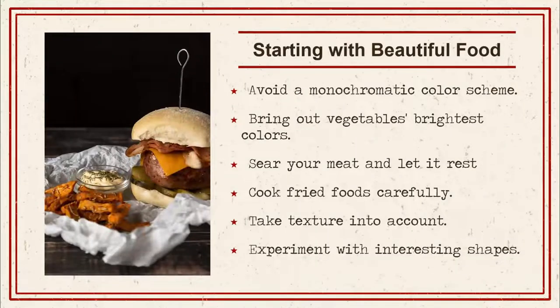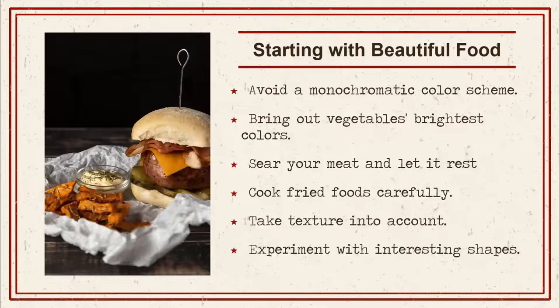So how to start with beautiful food? First, avoid monochromatic color scheme. We can use vegetables and fruits to bring out its brightest color in meat. Next, sear your meat and let it rest. We don't want any liquid coming from the unrested meat.